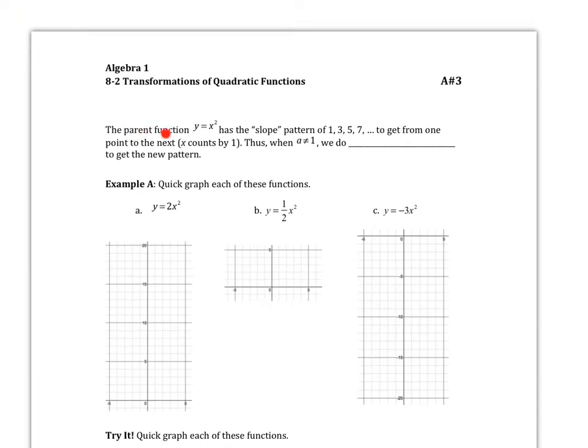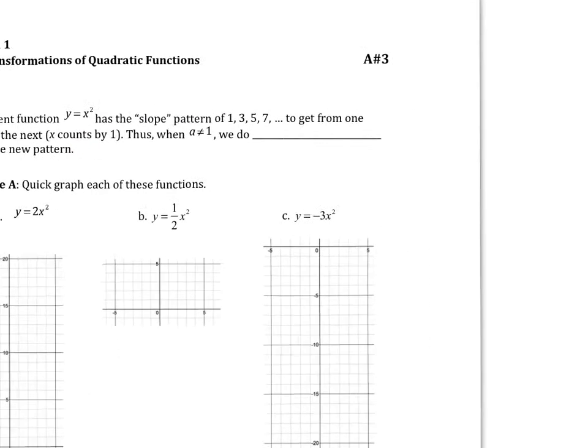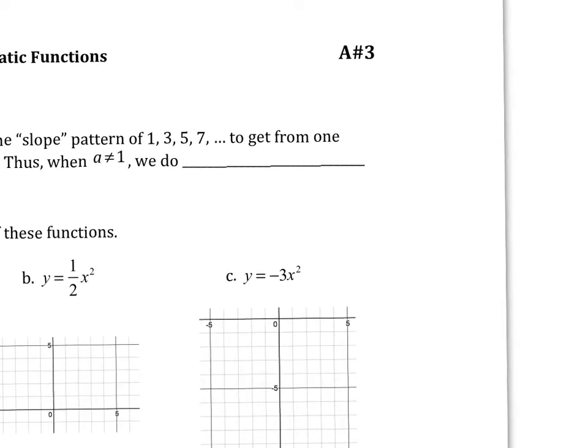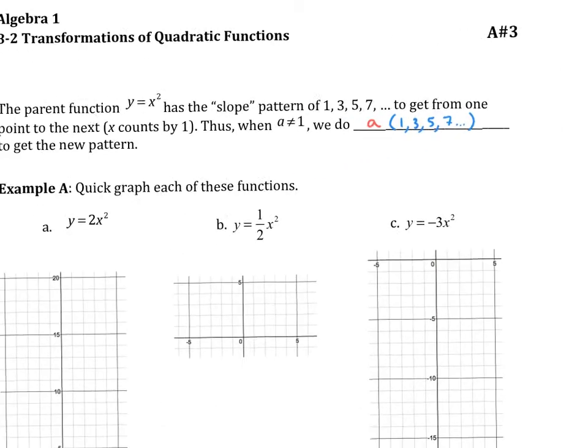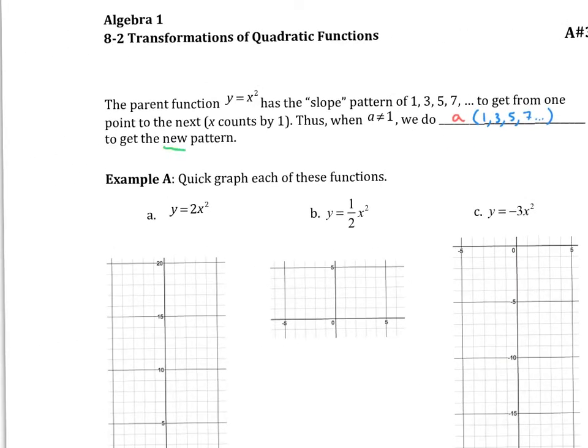The parent function y equals x squared has the slope pattern of 1, 3, 5, 7, etc. to get from one point to the next, and x always counts by 1. It's up 1, right 1, up 3, right 1, up 5, right 1. So always counting by 1 for the x values. Thus, when a is not equal to 1, we need to multiply a by my super pattern, by the 1, 3, 5, 7, etc., in order to get my new pattern.